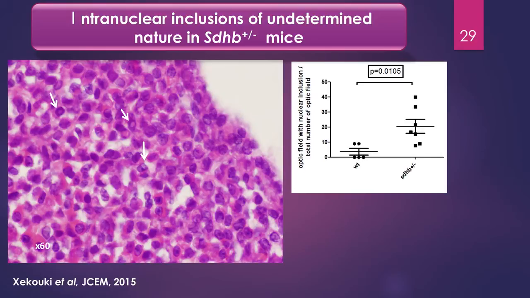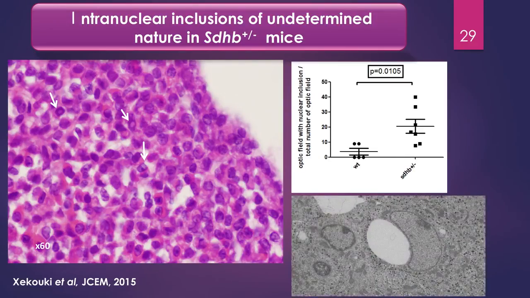We tried to identify the nature of these inclusions, which when we studied them with the electron microscopy, didn't really look like they were in the nucleus, but they were paranuclear. They looked like, as you can see, empty space. So we were not really able to determine their true nature.